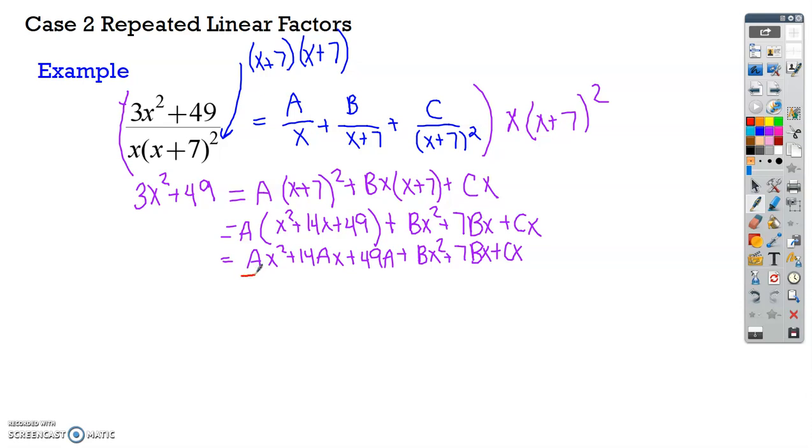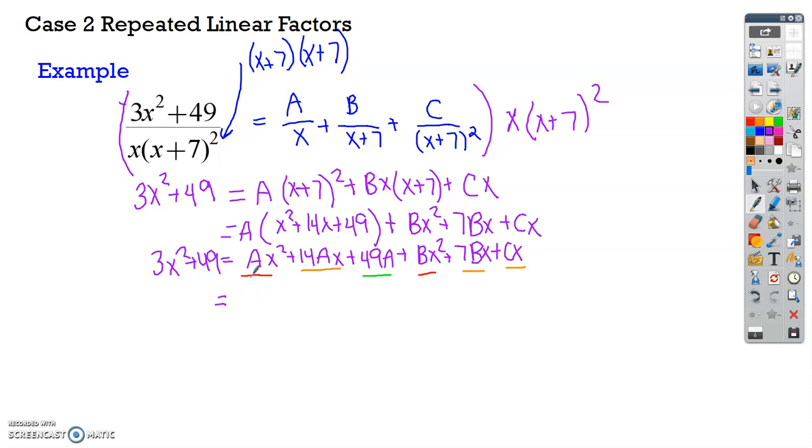Looking for like terms, we have our x squared and an x squared there. Looking for my x terms, I have that, and that. And looking for my constant terms, I just have that. So we group them together. I still have my 3x squared plus 49 hanging out on the left.